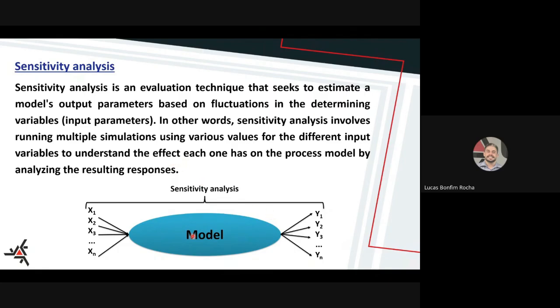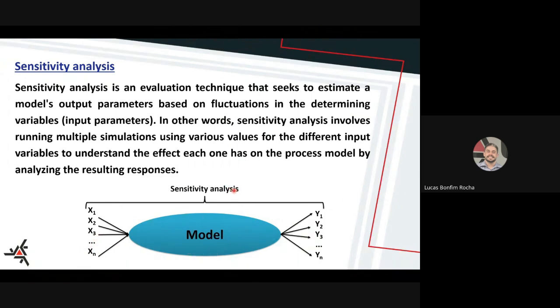Okay, so here we have an image, and it shows that we have many input variables, and based on those input variables, the simulation will calculate the output variables. Here we have many output variables being calculated by the simulation, based on our model and the parameters that were specified.